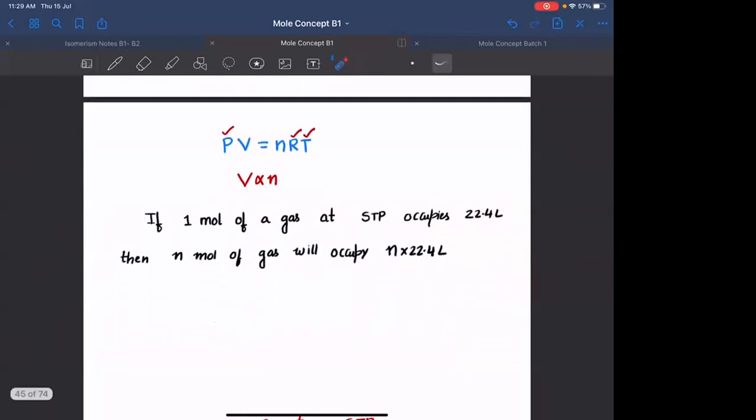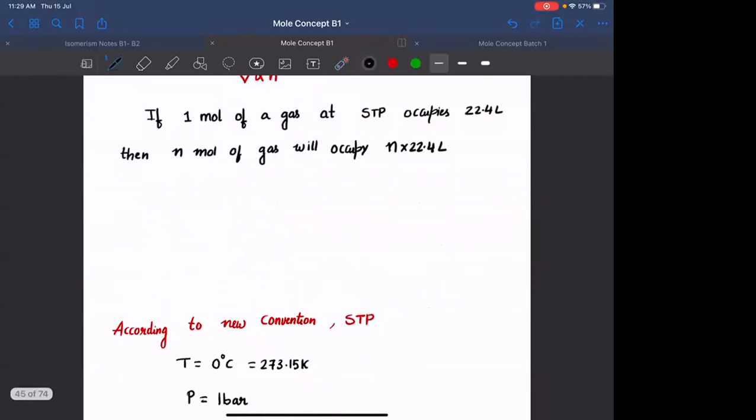As an example, if I take 1 mole of H2 occupying 22.4 liters at STP, what can you comment about 1/4 mole of H2? What would be the volume of it?